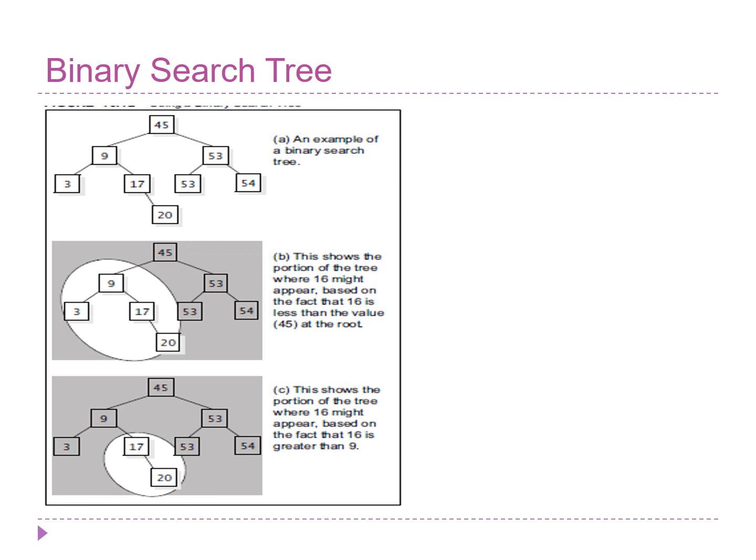Here also you could notice the left subtree value is lesser than the root node and the right subtree values are greater than the root node. This principle is true for every subtree in a binary search tree.